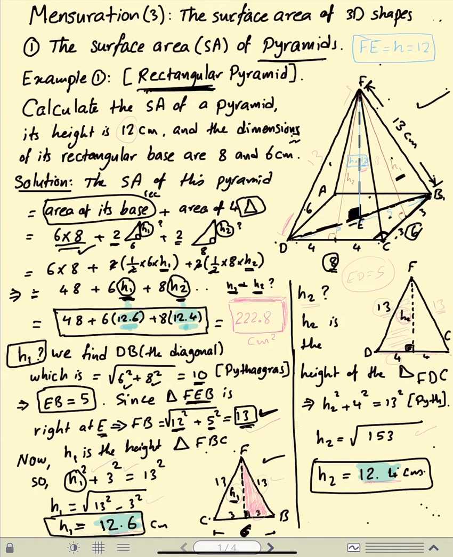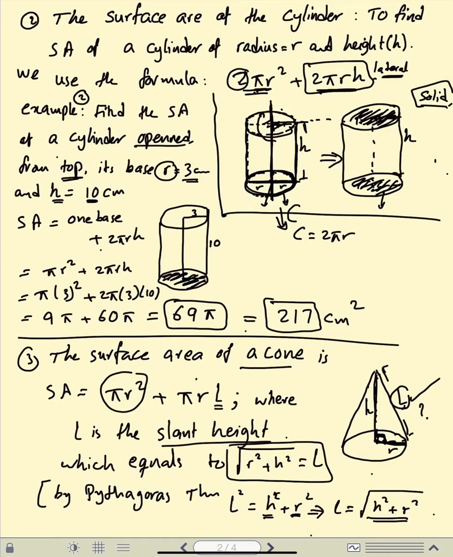I just replaced the values in this formula, added by the calculator, getting at the end the surface area, which is 222.8 centimeters squared. I wish I explained this as simply as I can. This is the hardest example for us today as well. Let's move to the other cases.